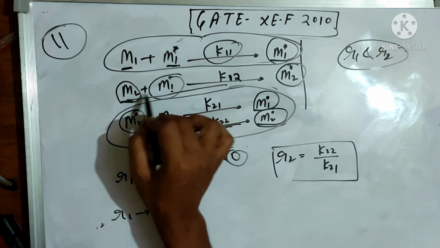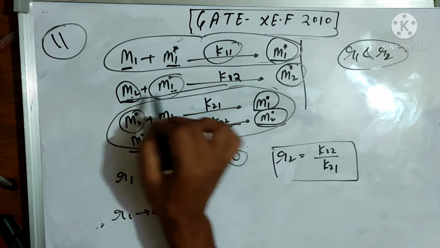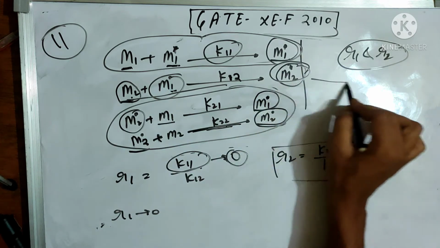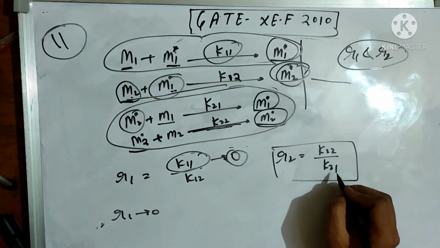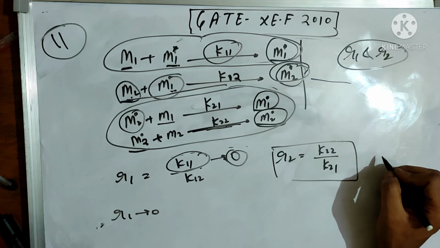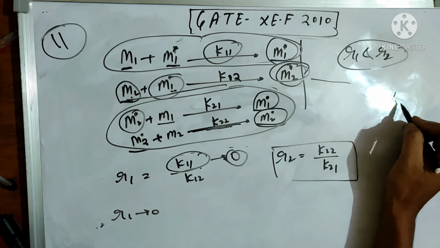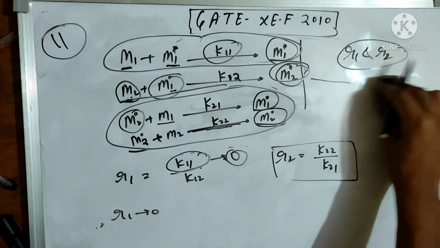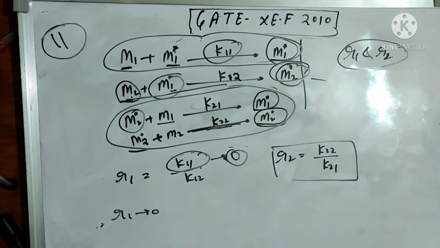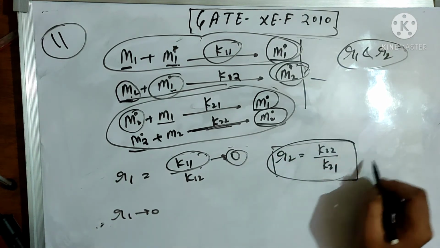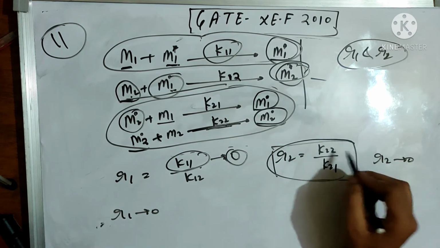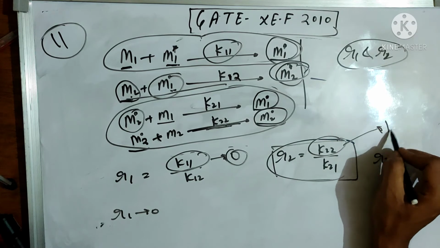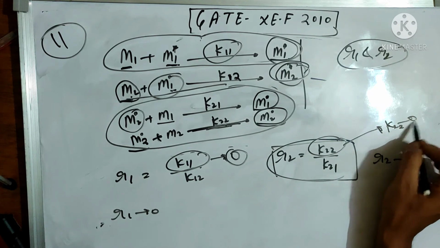That means M1 radical reacts with M2 and forms M2 radical. And when R2 tends to 0, that means K22 tends to 0.